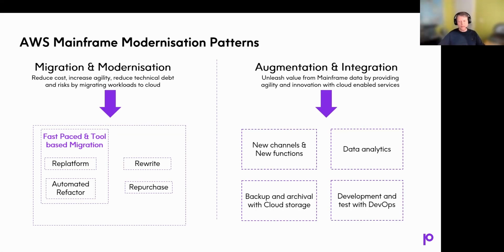But the refactoring itself should be automated, because we are looking at the migration patterns that are pretty much fast, right? So we are ignoring the situations where we do a manual rewrite or repurchase, where we are looking for a solution which exists in the marketplace. So application migration informs either replatforming or refactoring.